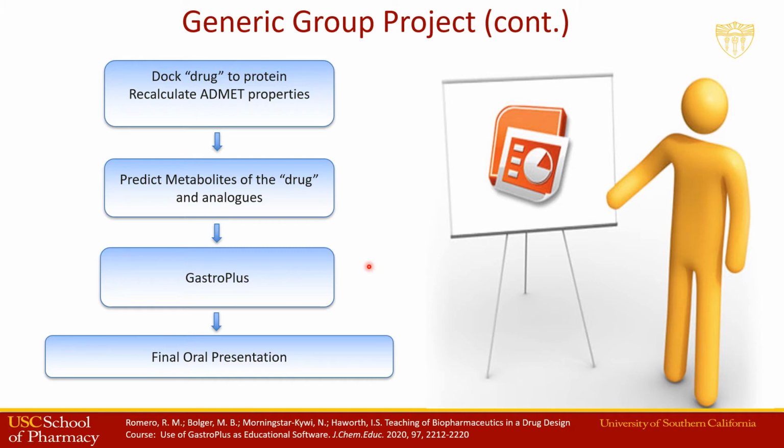We look at fraction absorbed, the amount of drug in the portal vein, the bioavailability, and we try to see if we can relate the properties and the structure of the drug to how it's being absorbed systemically. Is there some kind of connection? And then finally, we have the students do an oral presentation of all their work.